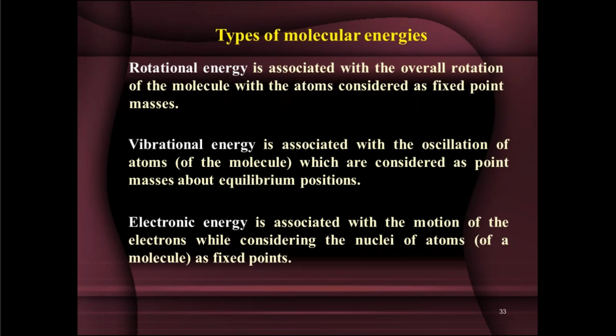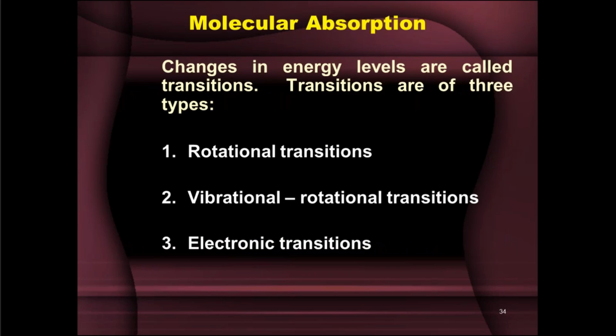When you are considering that the electrons are moving to higher energy levels, we consider the nucleus of the atom to be a fixed point. That energy associated with such a motion of the electrons is called electronic energy, which is greater than vibrational and rotational energies.